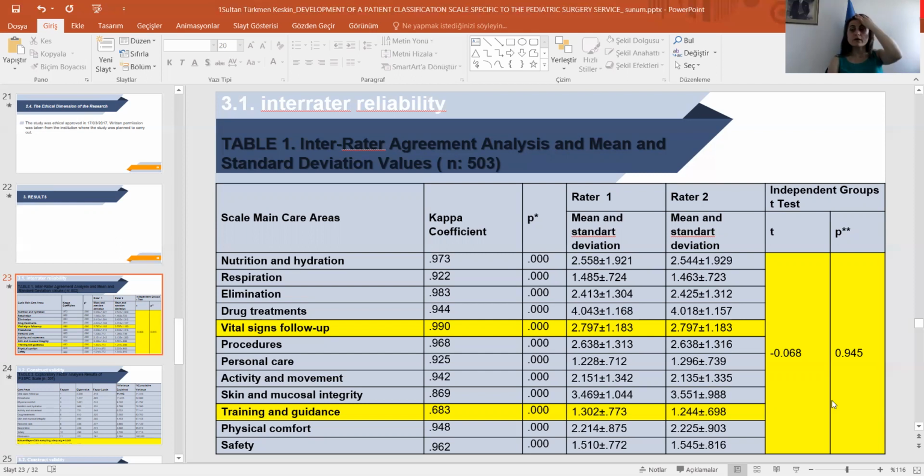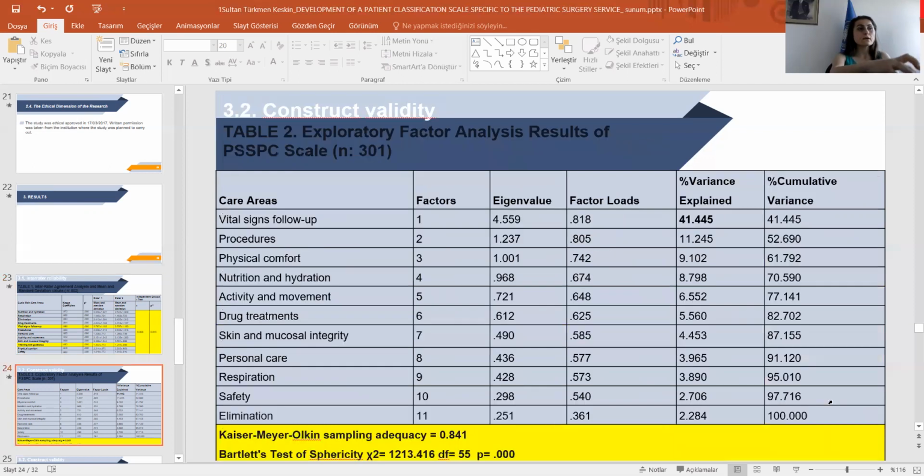When the total variance explained in table 3 was examined, factors with eigenvalues greater than 1 were observed in the 11-item scale. The graph of the eigenvalues showed that there was only one dominant factor.